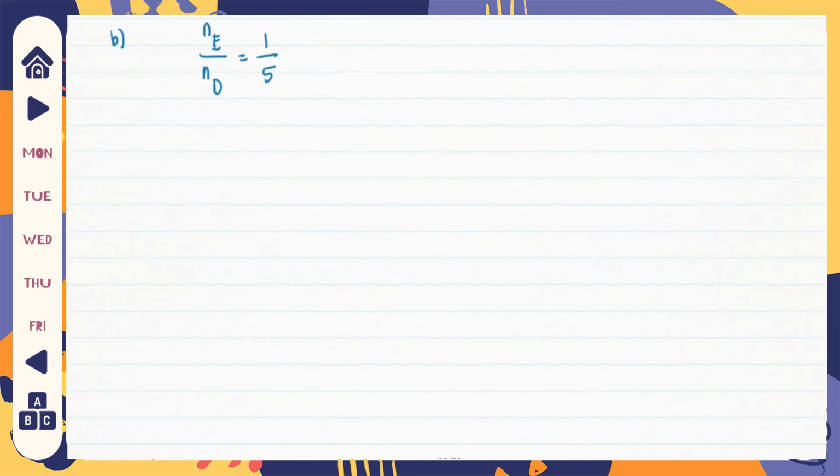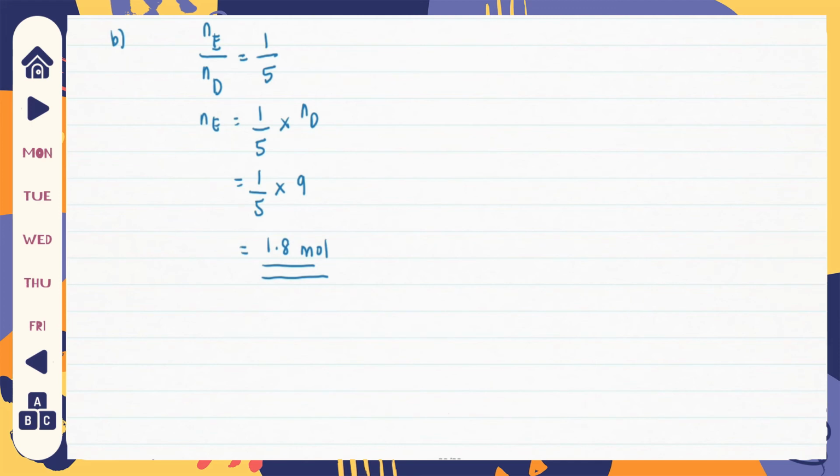Coefficient for D is 5. Coefficient for E is 1. So mole E is 1 per 5 times mole D. Mole D given is 9. So mole E is 1.8 mole. That is your answer, the mole of compound E formed.